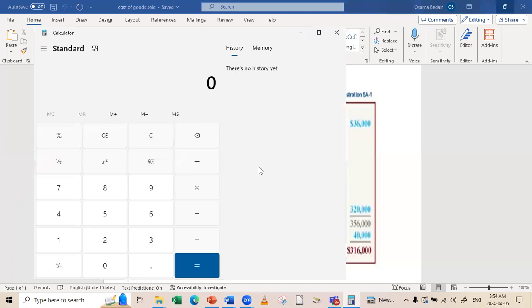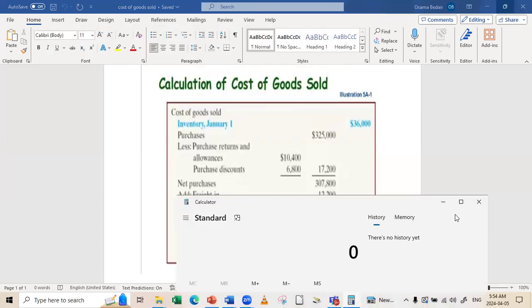First of all, let's get the cost of purchase.